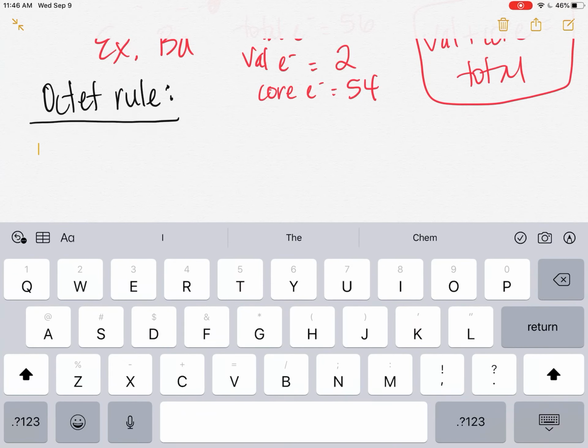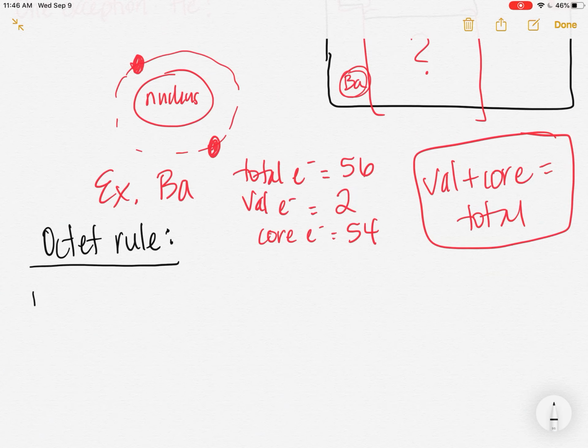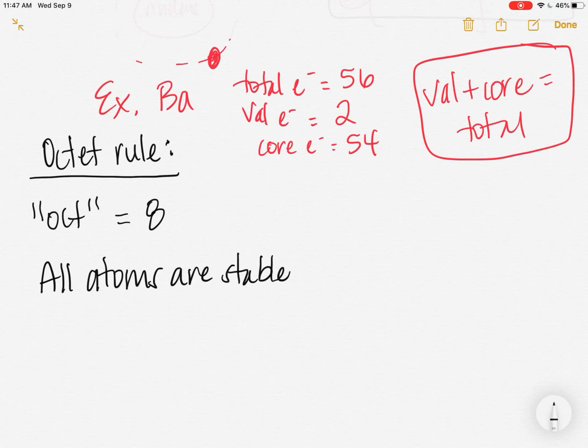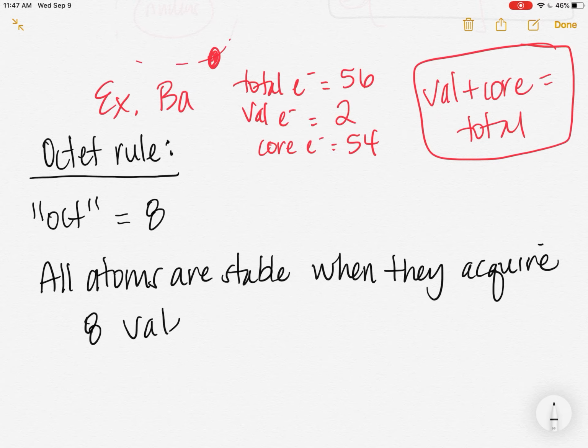Okay, only one more topic in today's discussion, and that is the topic of the octet rule. As you might have guessed, octet or oct is a prefix that means 8. So the octet rule has something to do with the number 8. And the octet rule says this. And this is also a very big deal.